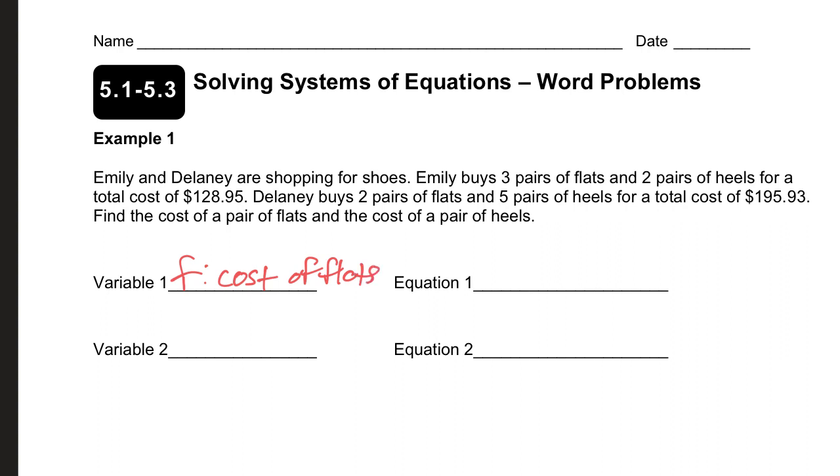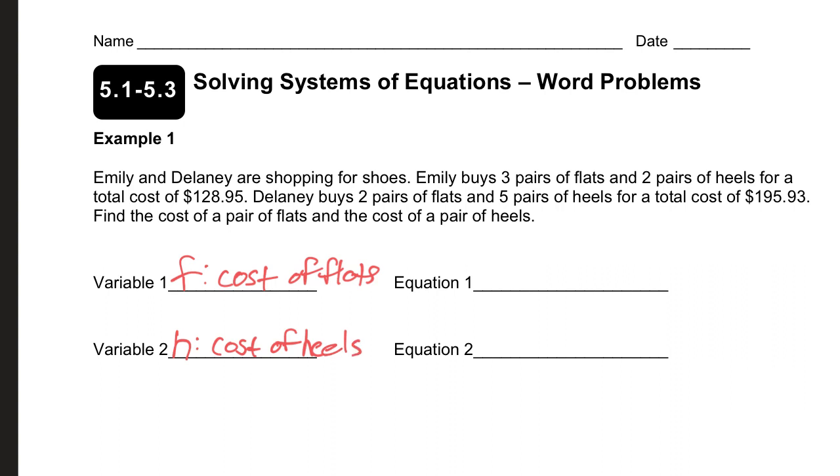And then I'm going to use H to be the cost of heels. Helps if I can actually spell heels correctly. I put heels as in you're healing somebody of a sickness. All right, so let's see if I can, here we go.